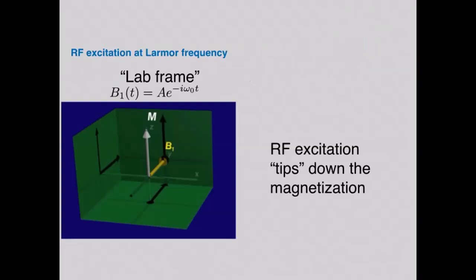Now, let's see what the effect is. If I have a magnetization pointing in this direction, and I apply a field in this direction, what's going to happen is that the magnetization is going to be perturbed in a certain way, slightly moving off its axis, and then it will start precessing.